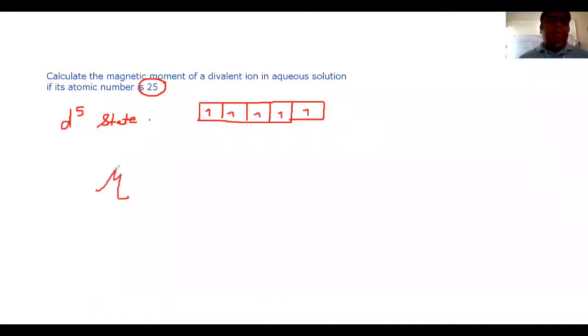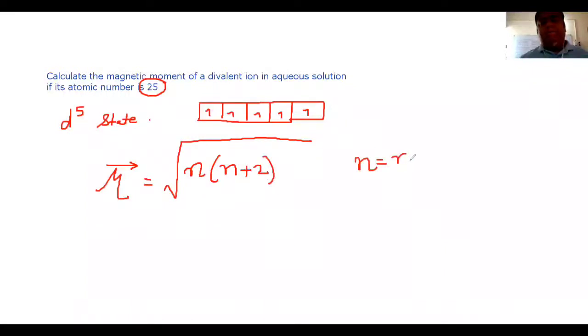Magnetic moment is a vector quantity, found out by the formula square root of n into n plus 2, where n is the number of unpaired electrons.